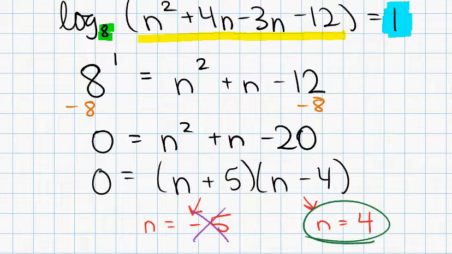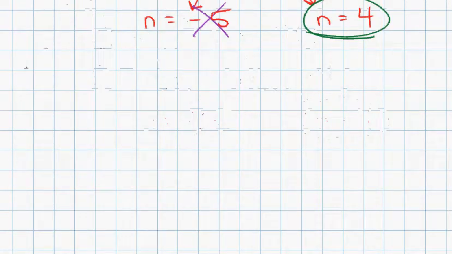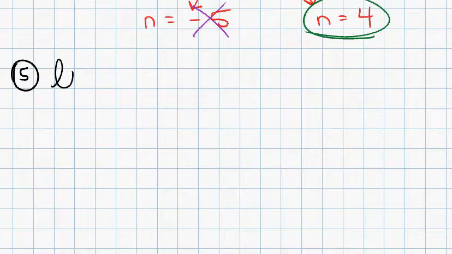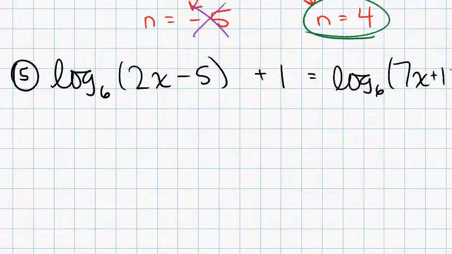Okay, number 5. Log base 6 of 2x minus 5, plus 1, equals log base 6 of 7x plus 10.